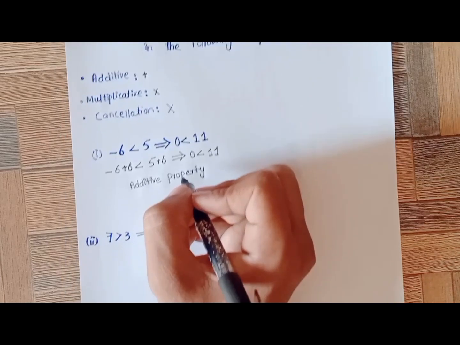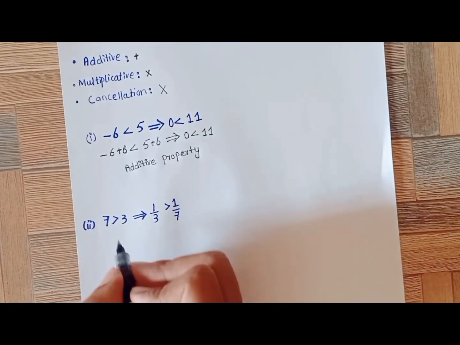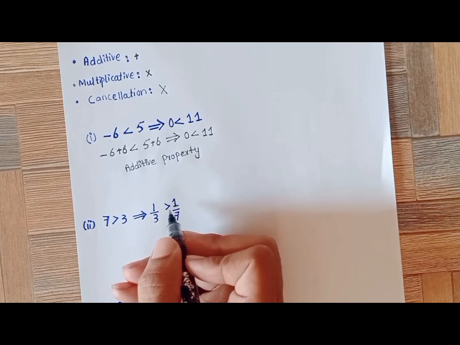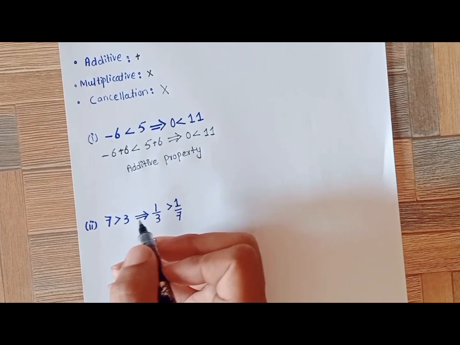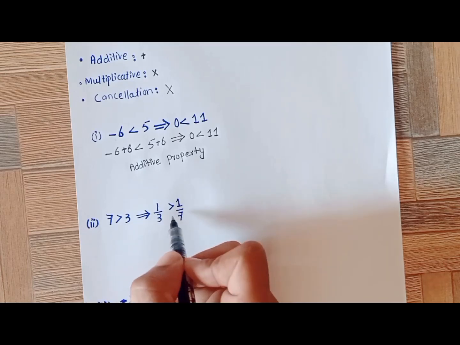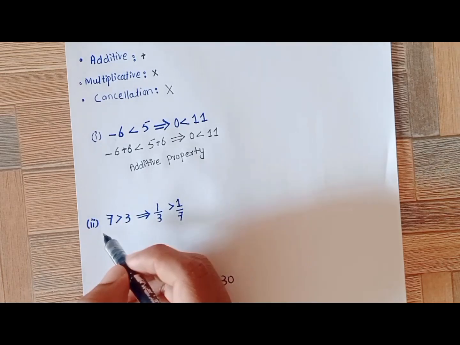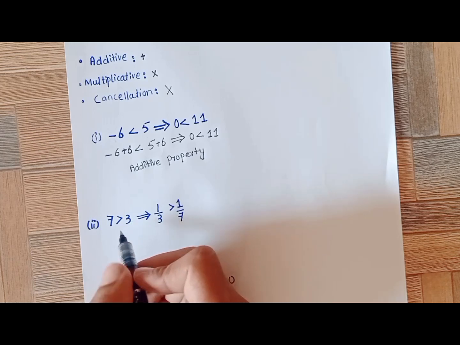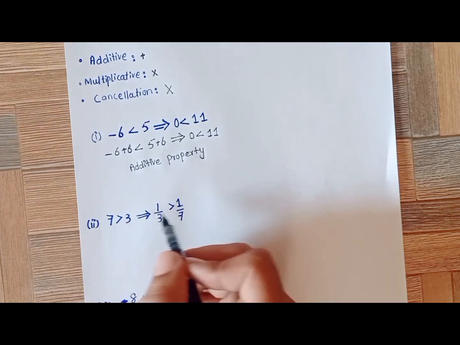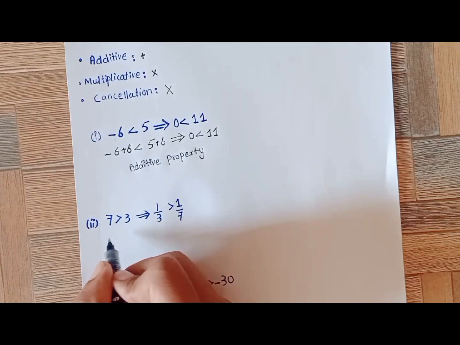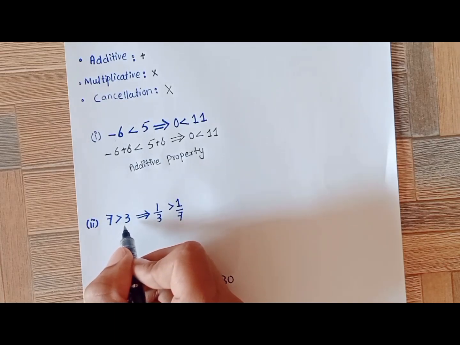Likewise, the next question is 7 greater than 3, which gives 1 over 3 greater than 1 over 7. We are supposed to make this one equal to this. For that we need a constant number, so that we make this number equal to this one. 7 multiplied by 3 will be 21.